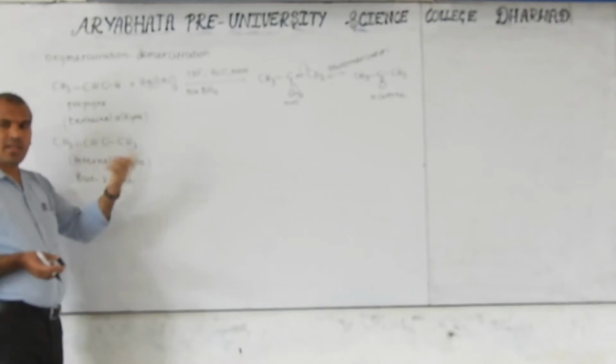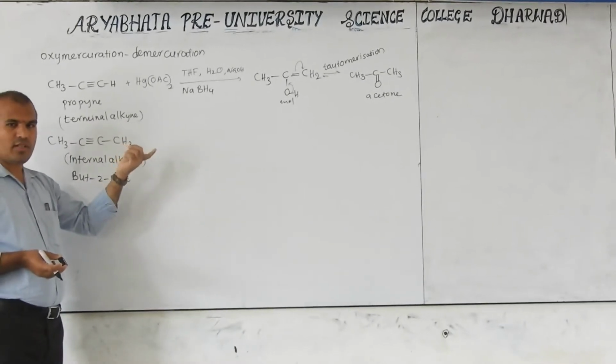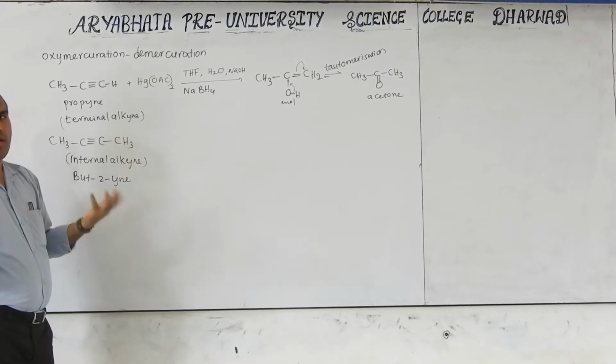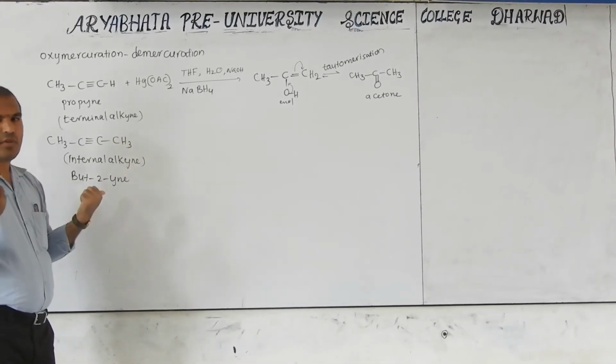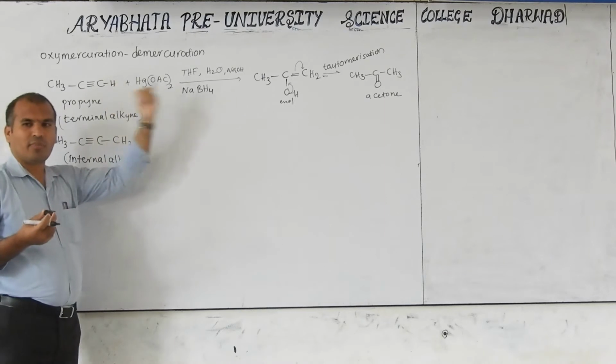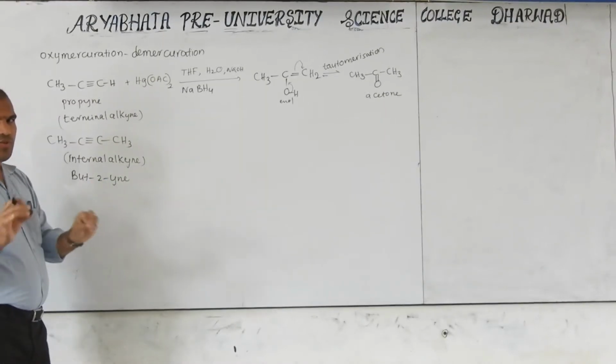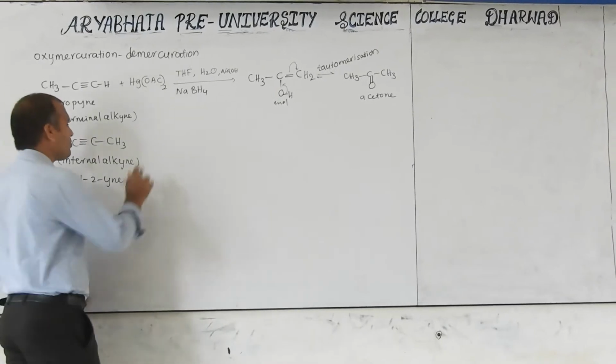In the last class I also gave an internal alkyne with respect to hydroboration oxidation. So if you take an internal alkyne, there is no choice to form an aldehyde; it always forms a ketone. But with a terminal alkyne, oxymercuration forms a ketone and hydroboration oxidation forms an aldehyde. This is only for comparison, no need to read further for your PUC.